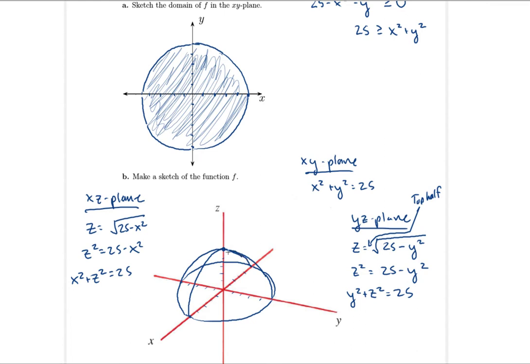All right, and we can kind of clean things up a bit here, I think, to make it look a little bit nicer. But what it comes down to at this point is that we know that we are producing the top half of a sphere. All right, so there's our function, there's our domain, and on the next page is the new thing I want to do.